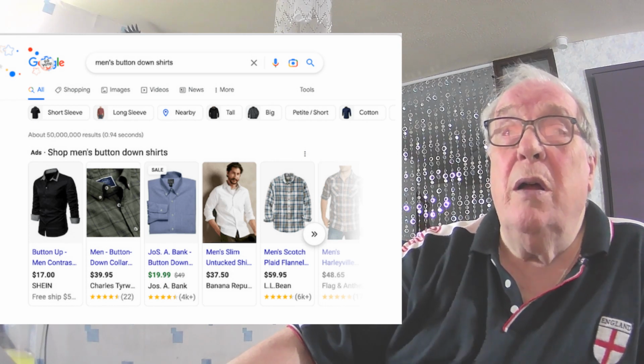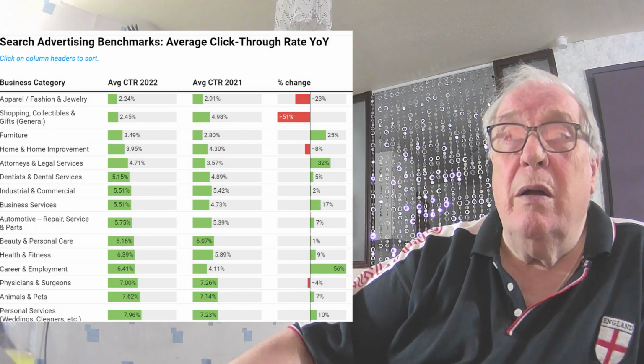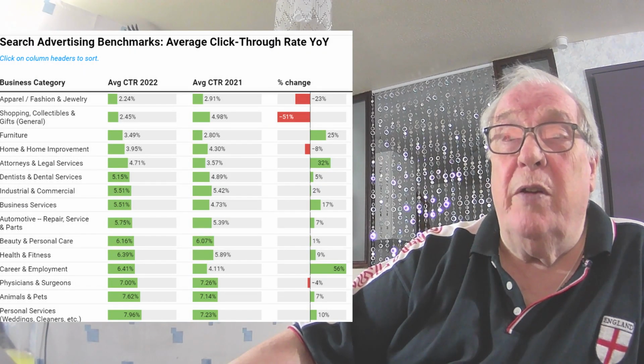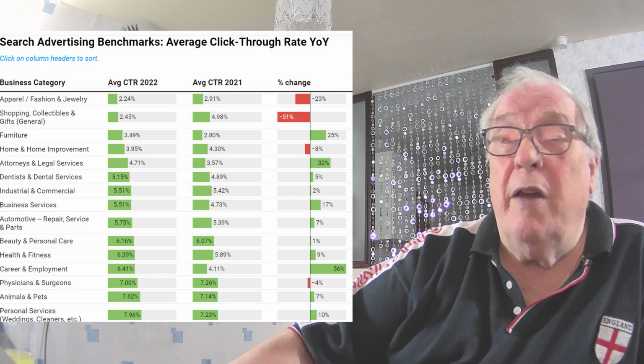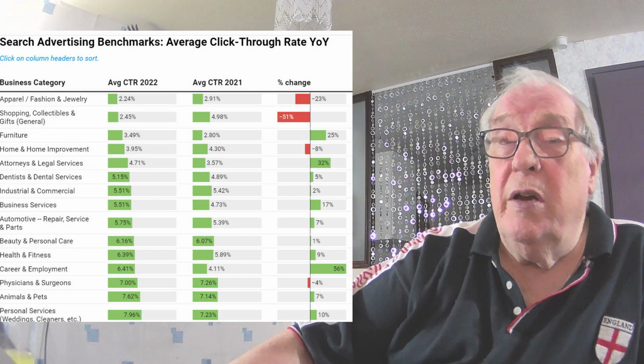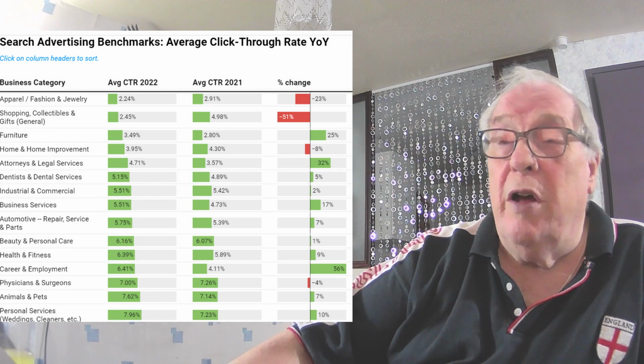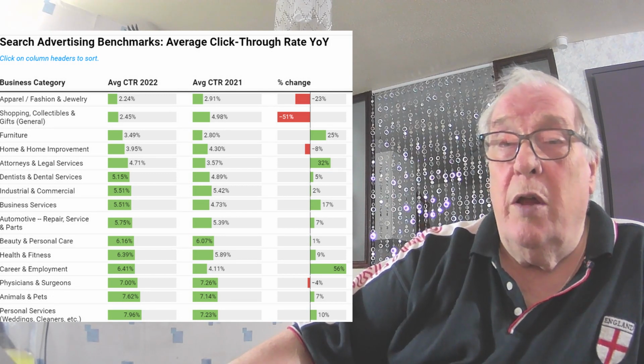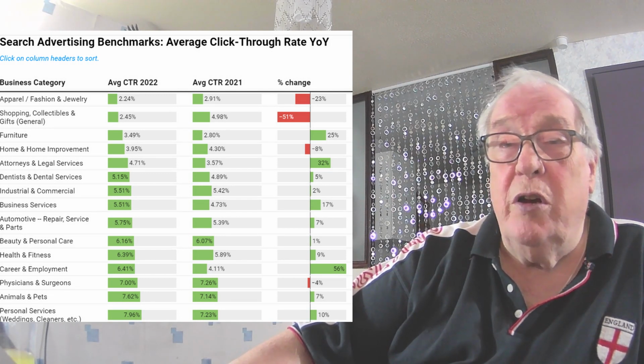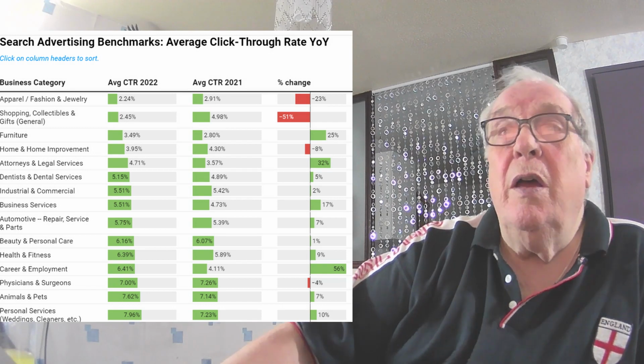Average click-through rate year over year. 78% of the industries in this report saw an increase in CTR. However, in aggregate for all industries overall, there was no change in CTR.